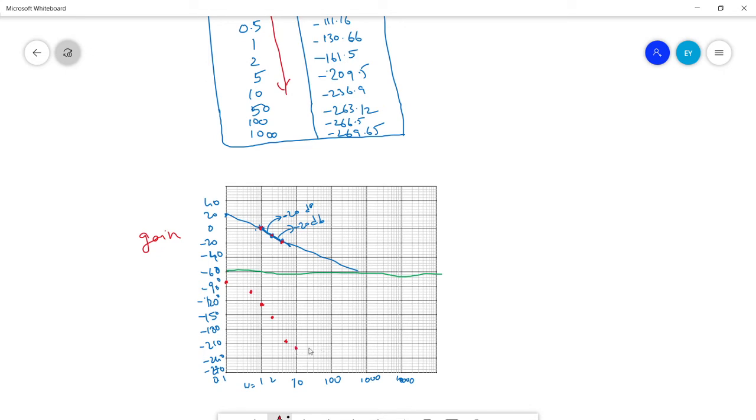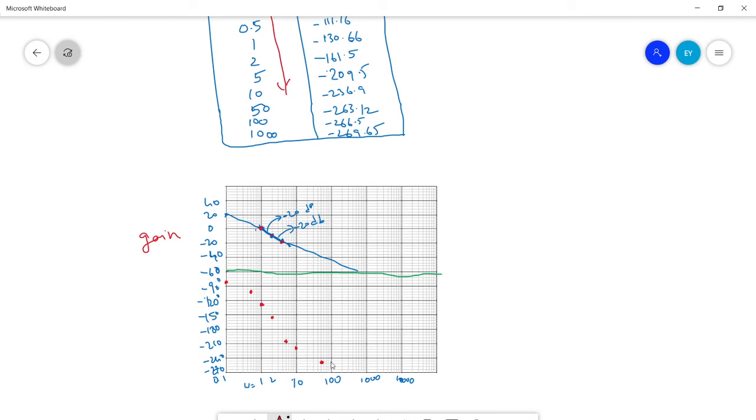At 50, 263. At 50, that is 20, 30, 40, 50, 263.